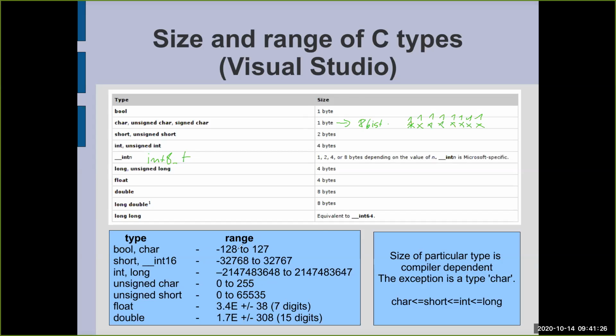We have 256 different values, but for integers, they are equally or almost equally balanced. So we have negative and positive, while for unsigned elements, we have larger positive values accessible.